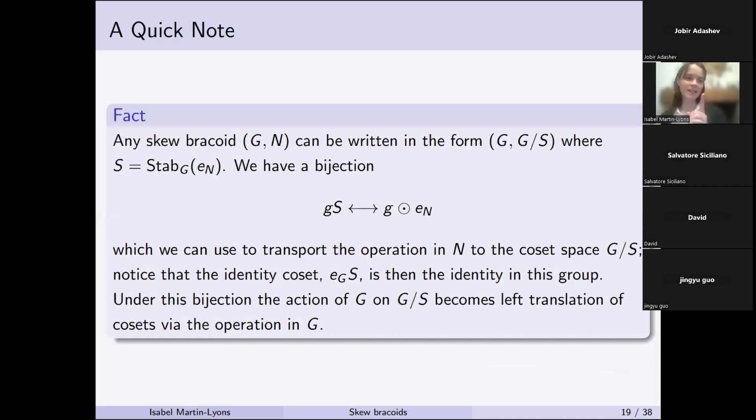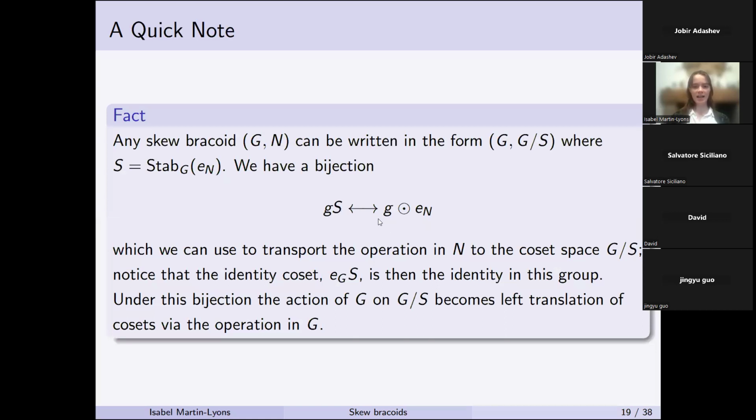But first, we note that any skew bracoid (G, N) can be written with a coset formulation. So if we set S to be the stabilizer under G of the additive identity, then we have a bijection between S cosets and elements of the additive group, like so.